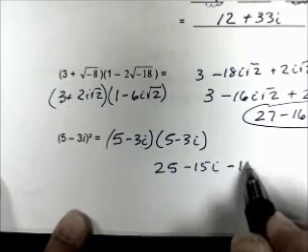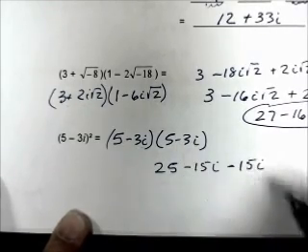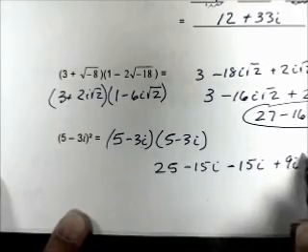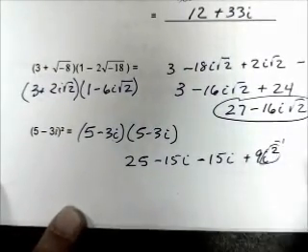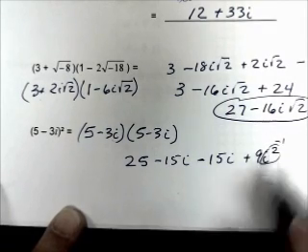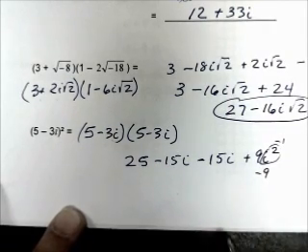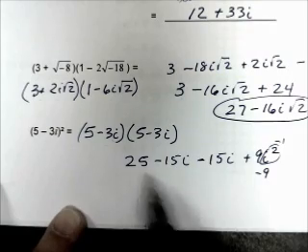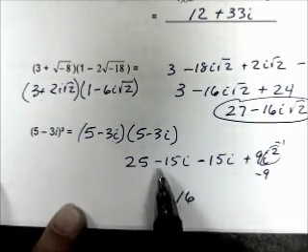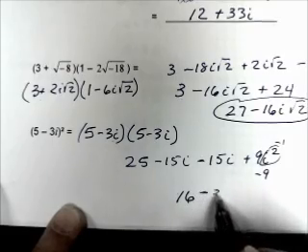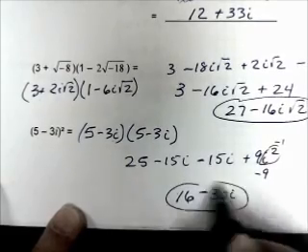Inside, negative 15i. And the last, positive 9i squared. It's equivalent to negative 1. So this is going to be a negative 9 overall. 25 minus 9 is 16. And negative 15i and negative 15i is negative 30i.